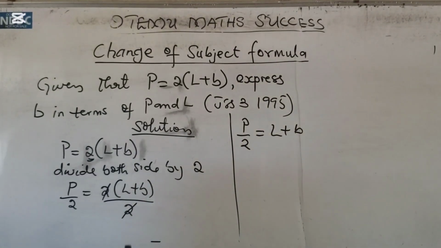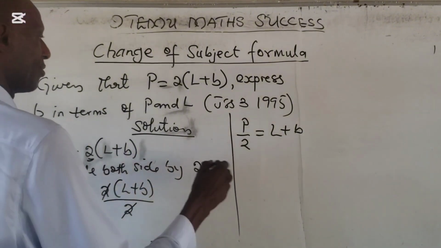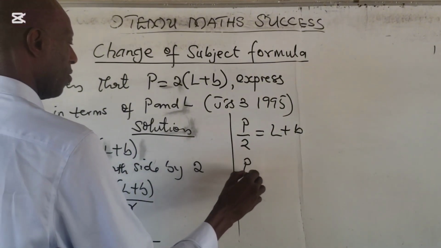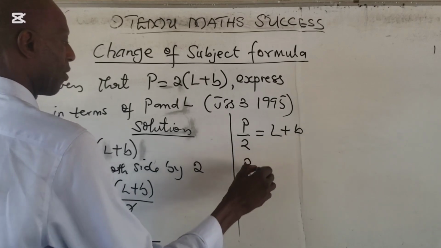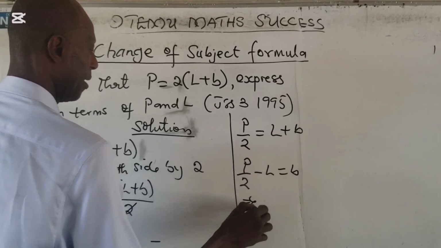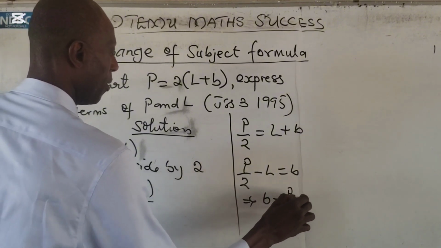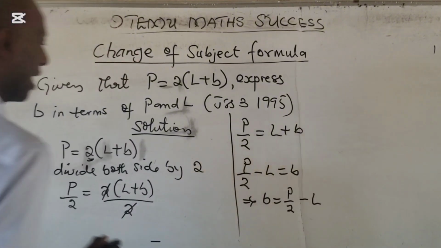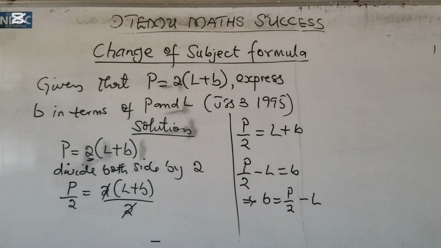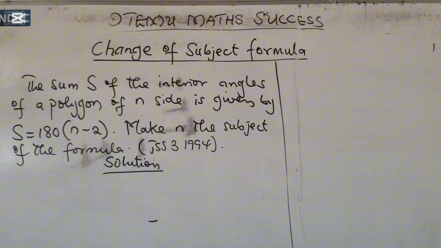So what is with the subject B now? It is L. I will take L to this side, which is P over 2. It is positive, and when it crosses it becomes minus L, so B is P over 2 minus L. So that is example number 2 on change of subject formula.